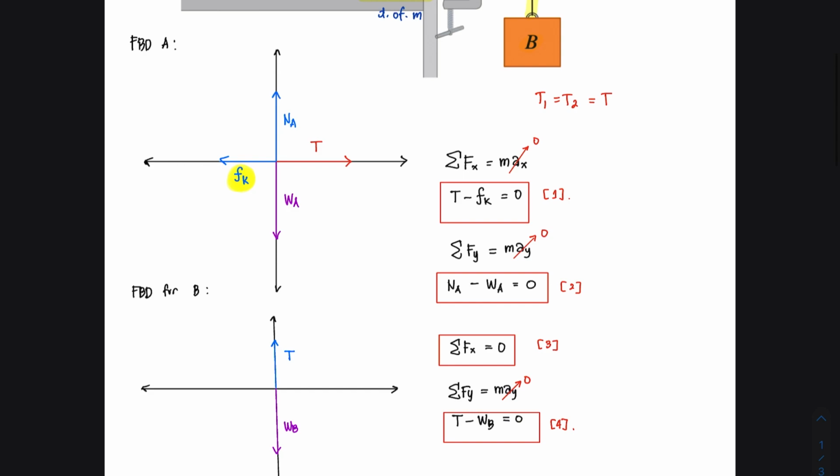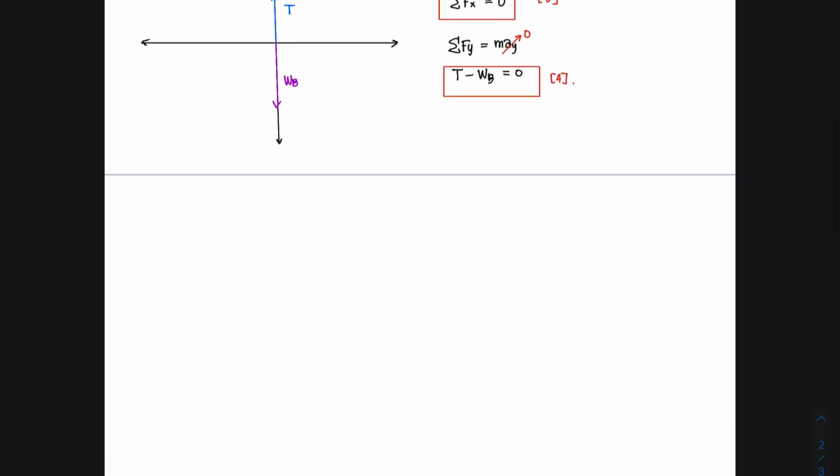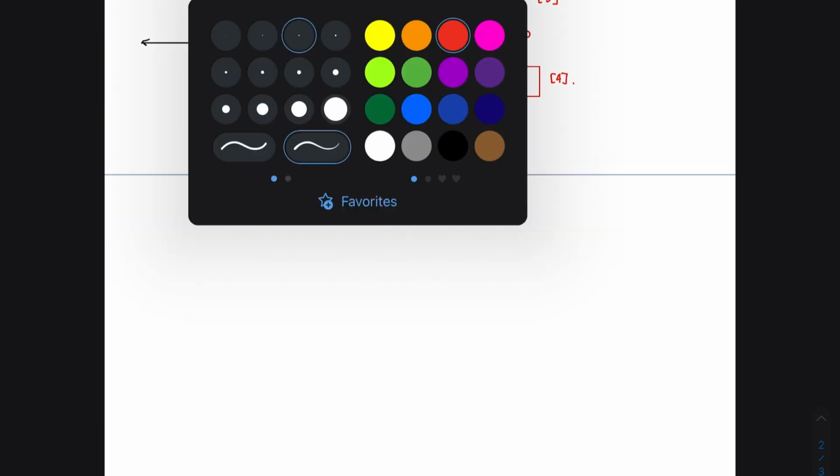And in terms of how you write the summation of forces, there's nothing really changing at all. It's just that you incorporate this new force. So it's still the same, there's no change. So if ever I change my mind to give a problem with friction, basically it's the same process that you will do. Okay? Now, this time around, let's go back to the problem.